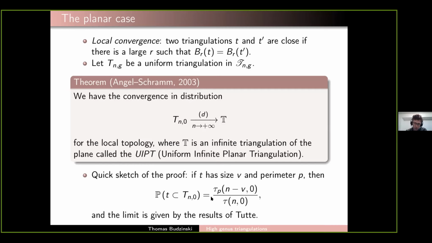So I need to fill my little piece T with a triangulation with n minus v faces, because I have n faces overall and v faces in my little piece, and with also a boundary of size p. These two quantities have also been computed by Tutte. So we can compute explicitly this probability in a uniform finite triangulation, and then let the size go to infinity and compute asymptotics.